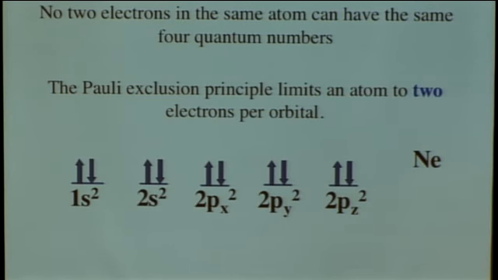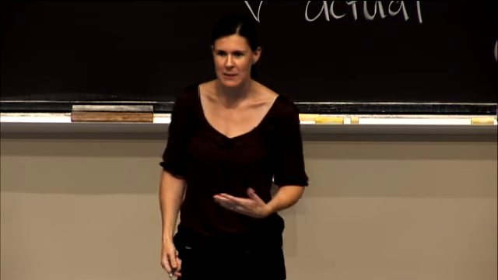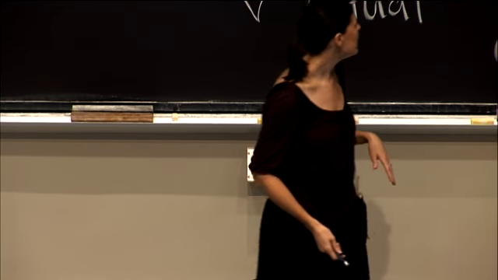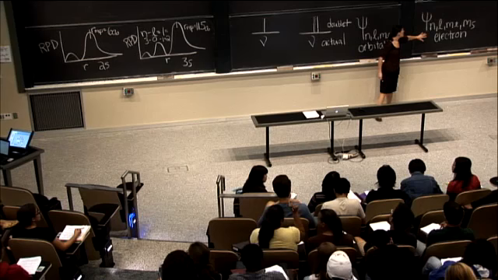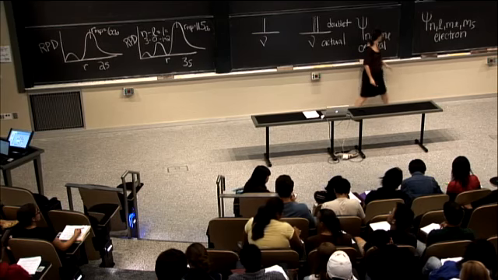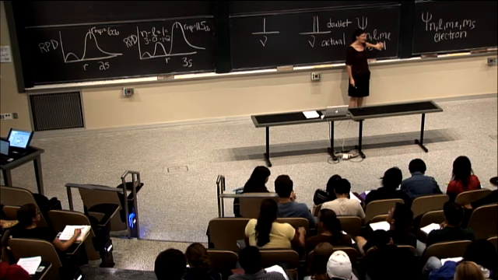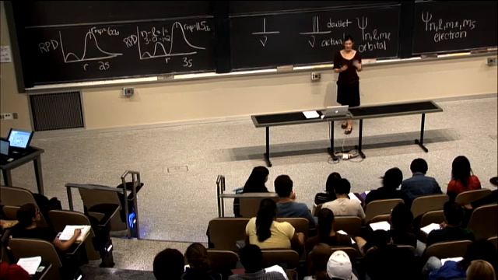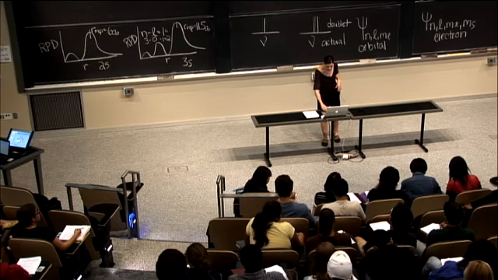Why wouldn't they just want to go in that ground state, that lowest state, right? That should be the most stable, the lowest energy orbital for it to be in. And the reason they can't do that is because of the Pauli exclusion principle, the idea that all of the electrons have to have a different set of 4 quantum numbers, so only 2 of them can have the same set of 3 quantum numbers here, because for m sub s, we're only left with 2 options.